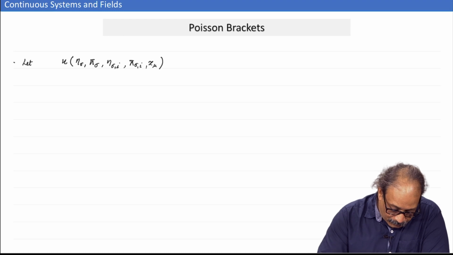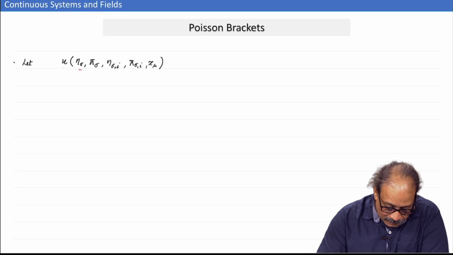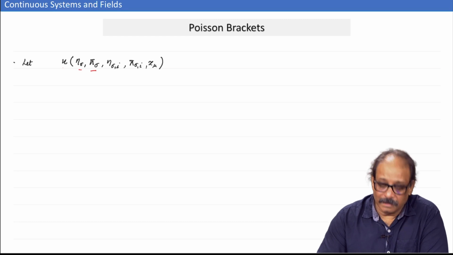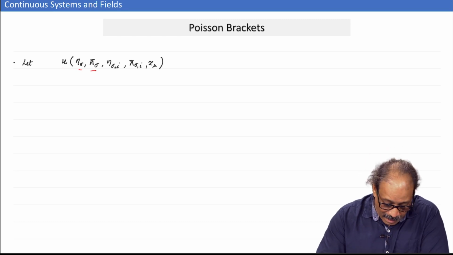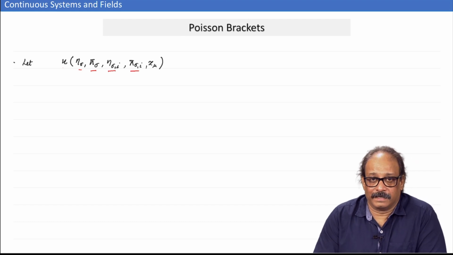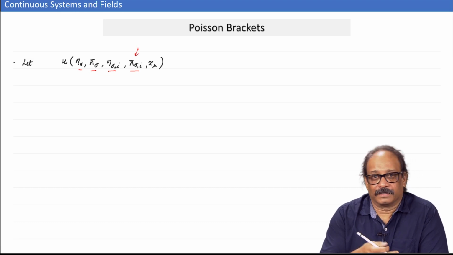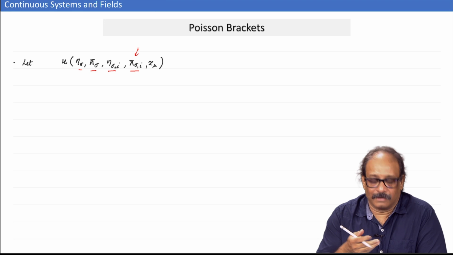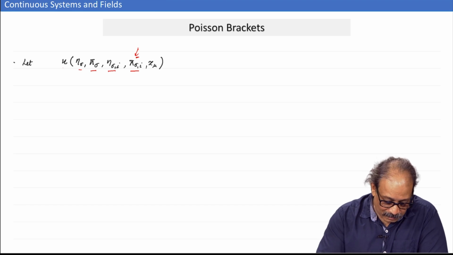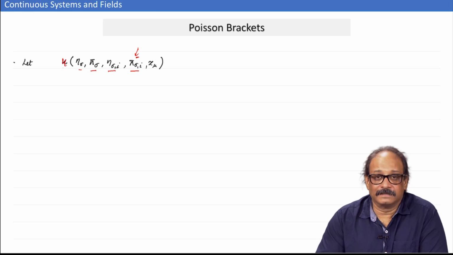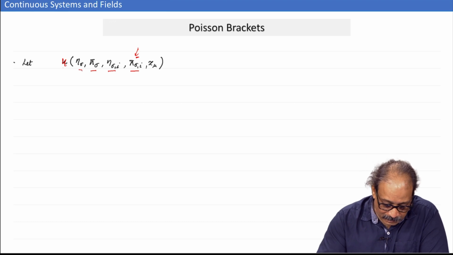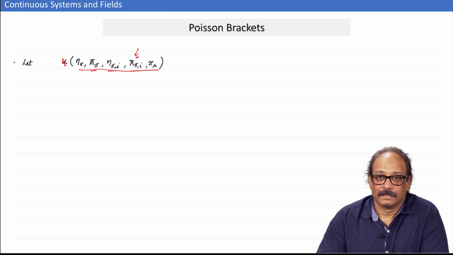So, if you take a function u which is a function of eta sigma, pi sigma, I will add eta sigma i and also pi sigma i. Remember, the Hamiltonian is not a function of this, but if you are taking an arbitrary function, there is no harm in including terms like this. So, u is some sort of a density which depends on all these variables.